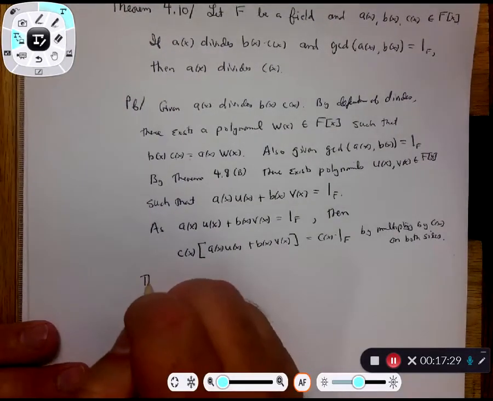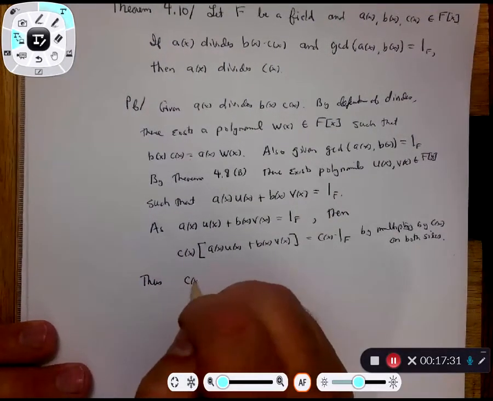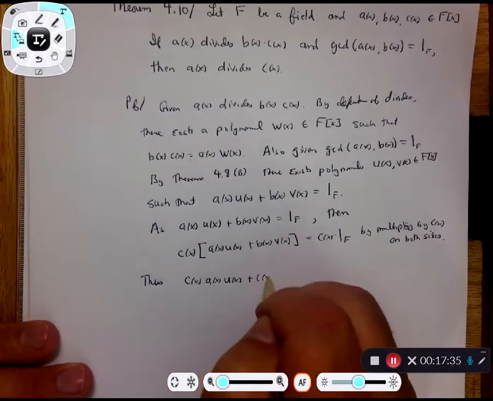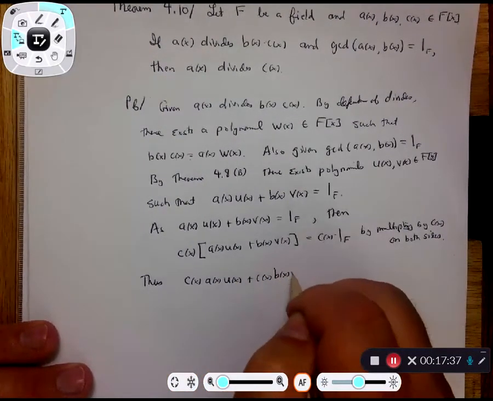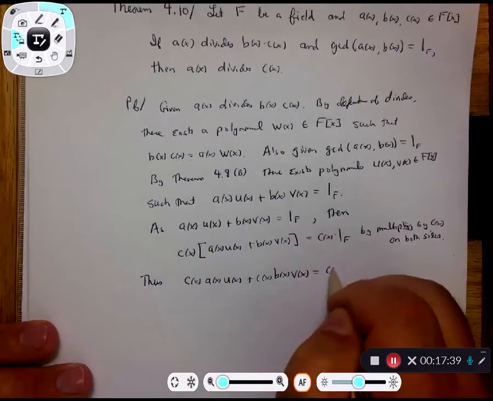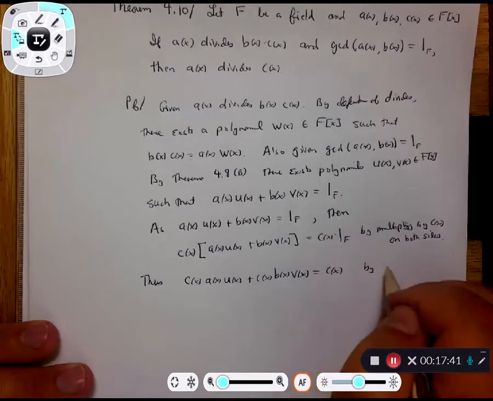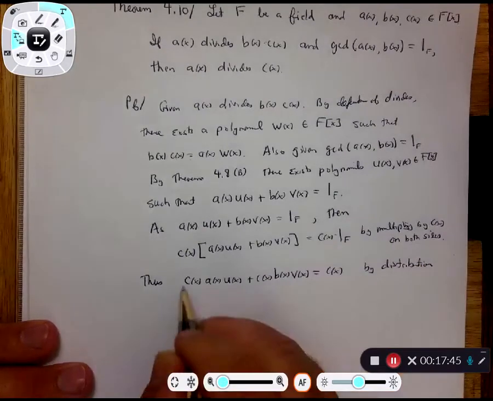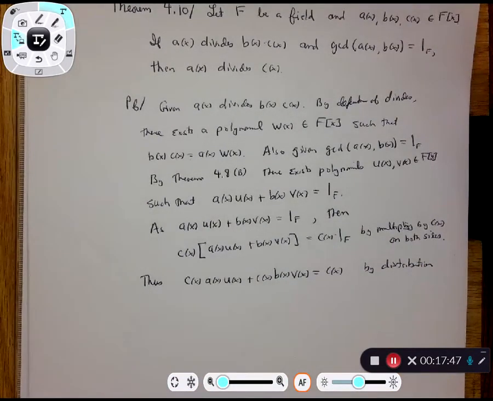Thus, C of x times A of x times u of x plus C of x times b of x times v of x is equal to C of x by distribution. I distributed C of x. Remember, we got F adjoin x. That's an integral domain.